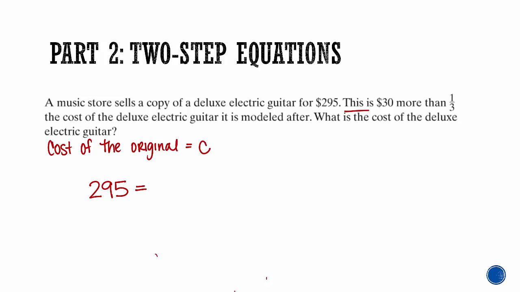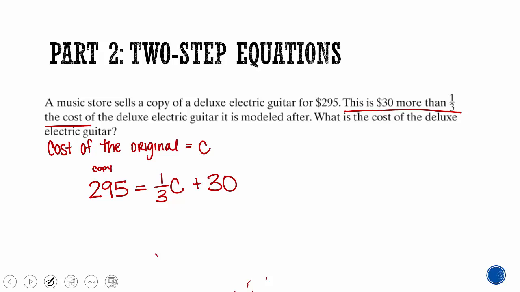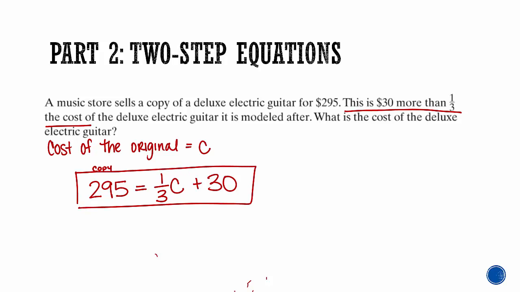So when we read this, 30 more than 1/3, we know we have to take 1/3 of the cost and add 30 more. So there's our equation. The cost of the copy is 1/3 the cost of the original plus $30 more. So this right here is our equation.